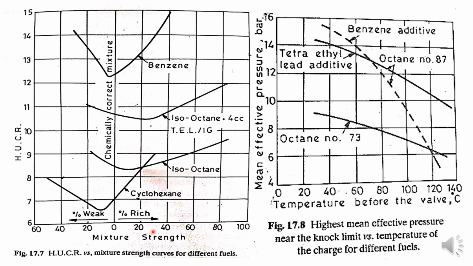Since we are having the richer fuel on this side, we can increase the compression ratio. That means knocking tendency can be reduced on the richer side. So while doing supercharging, from this graph we can say that we have to maintain the richer side so that the knocking tendency can be reduced. That is the one thing we can see.